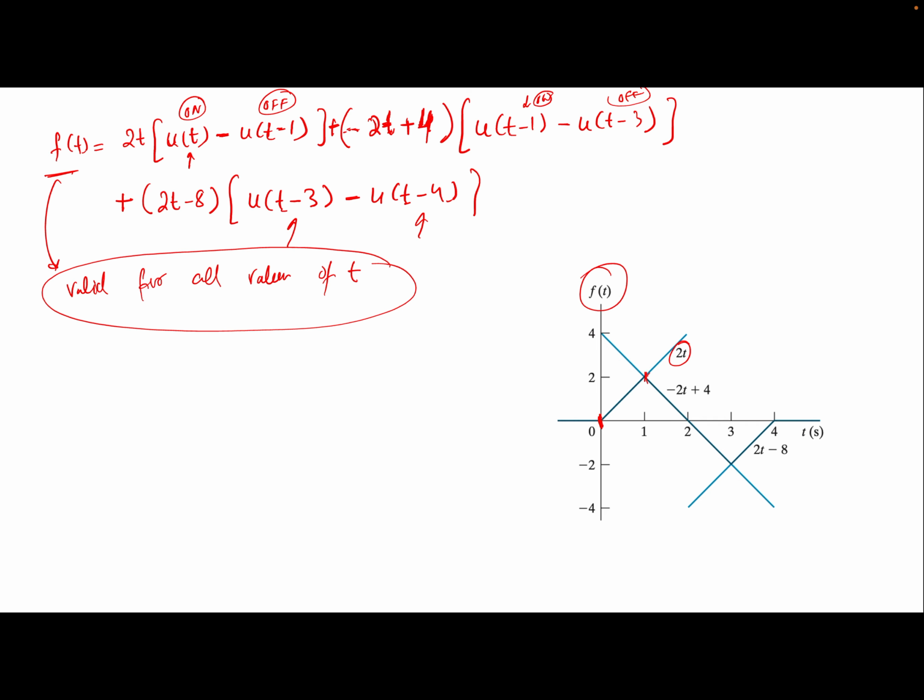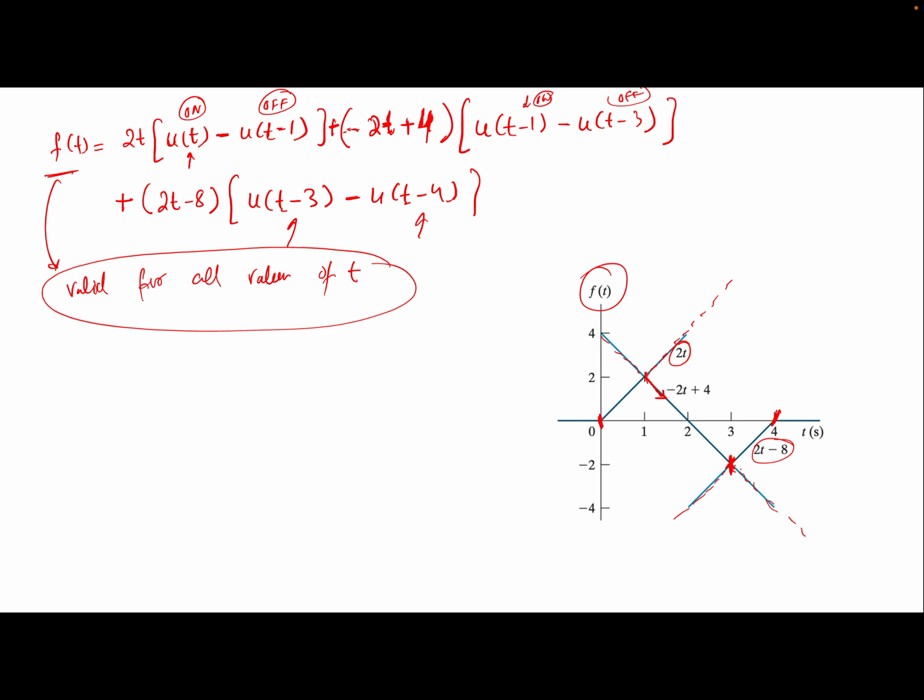If it would not have been turned off, it would have continued to go on like this. Then you turned on this signal here and turned it off here, right? So these are extra protrusions that you can take out. And after that, you turned on this signal at this point and turned it off at this point. All of these are extra protrusions, which are not relevant. Sounds good.